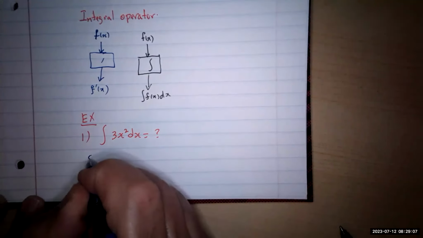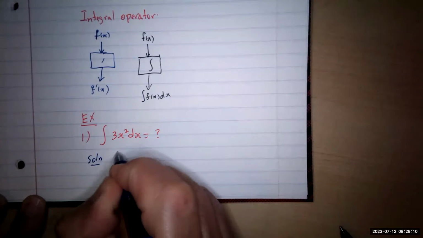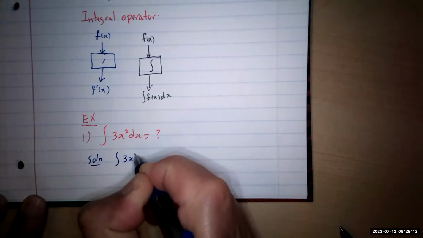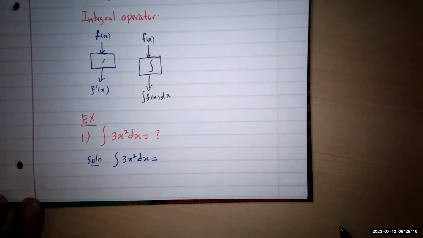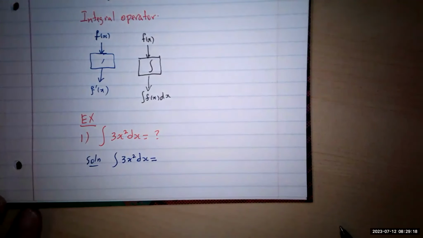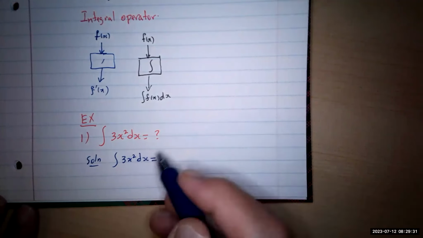You see, the solution is the integral of 3x squared dx. So can you find a function whose derivative is 3x squared? Any suggestion? X cubed. Excellent, x cubed.